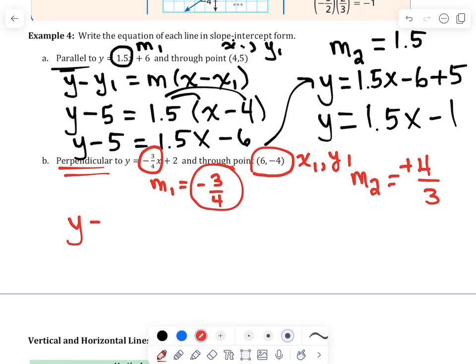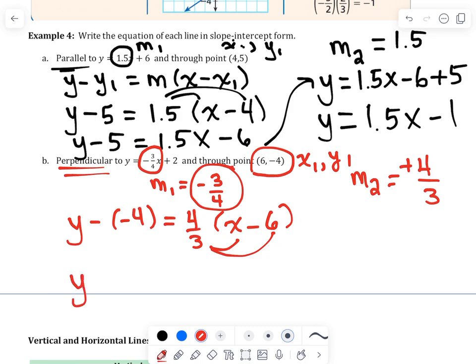y minus y sub 1 equals m, 4/3, x minus 6. And then we convert it to slope-intercept form by solving it for y. So we have to distribute that 4/3 into both of those terms. I'm also going to change that subtraction and negative to an addition symbol. So we multiply 4/3 times x, so we get 4/3 x. And then 4/3 times negative 6.